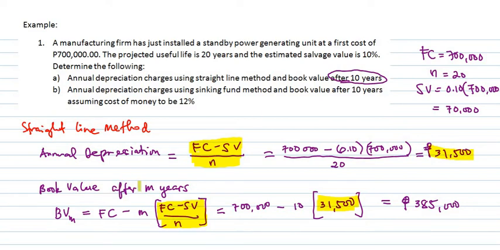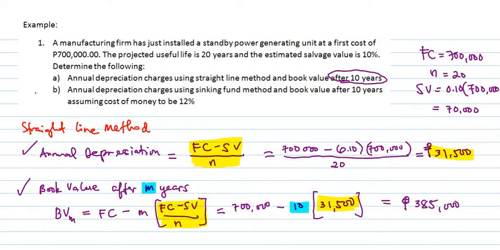So book value after M years. So this is our M after 10 years. So that is our solution to letter A, annual depreciation charge using a straight line method, and then the book value after 10 years. So this is a straight line method.